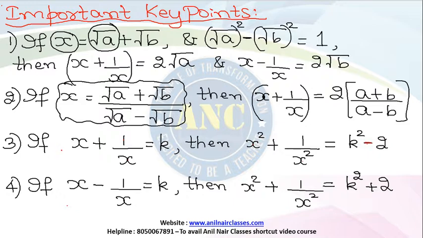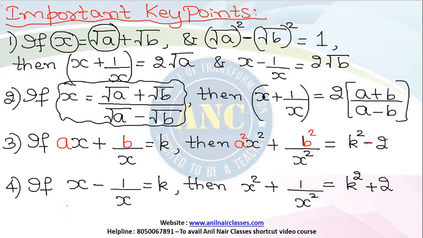But instead of the coefficients of x and 1 by x being 1, if the coefficient of x is some other constant, suppose I take it as a, and the coefficient of 1 by x is some other constant, let me take it as b, for example, then the right hand side part also will change. It is not 1 into x square, it will become a square into x square, and it is not 1 into 1 by x square, it will become b square into 1 by x square.